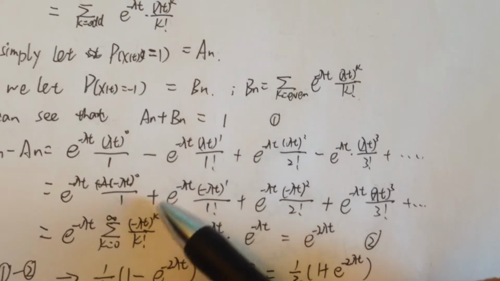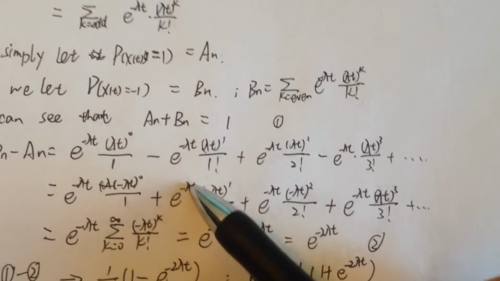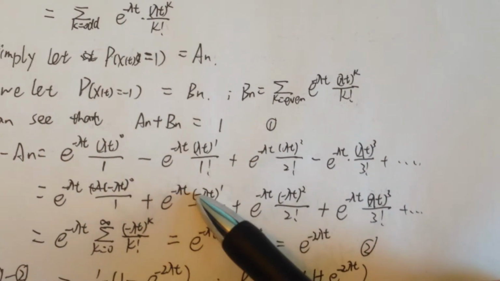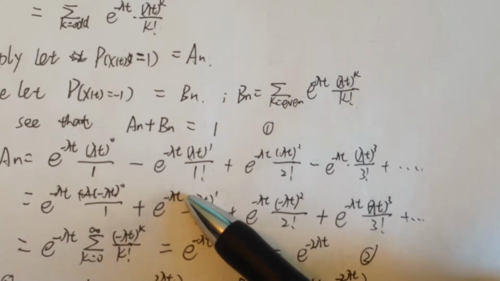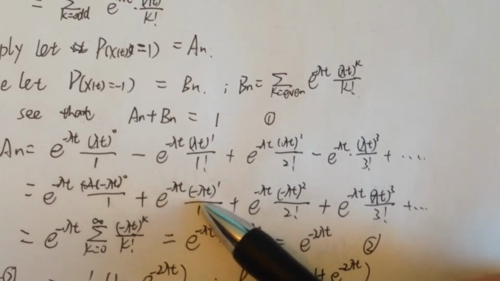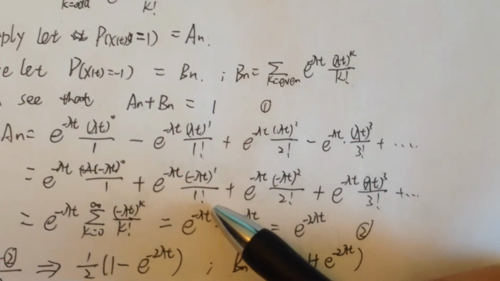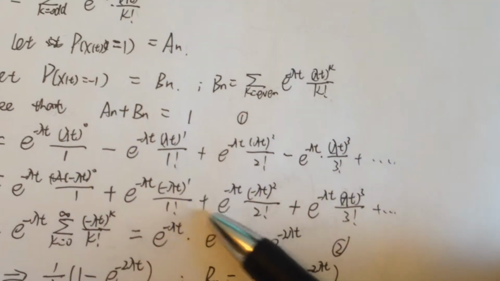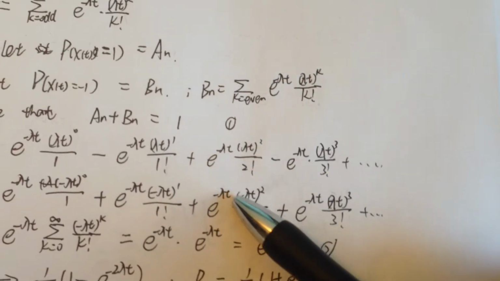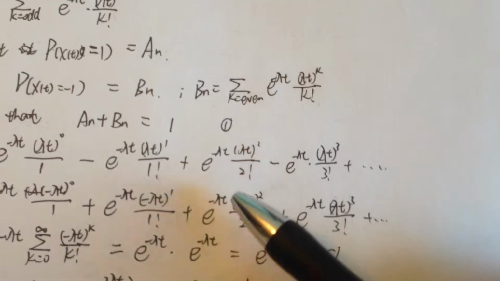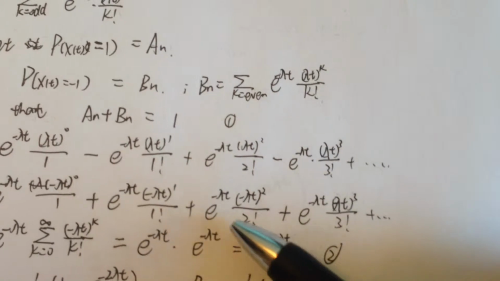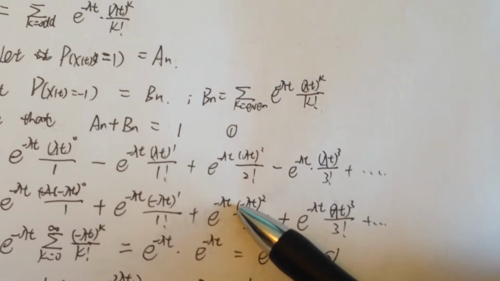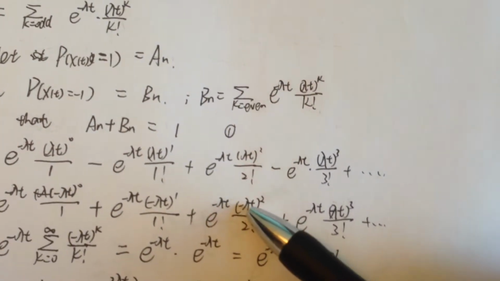Then plus e to the minus lambda t, and we factor in the minus sign. It equals (minus lambda t) to the power 1 over 1 factorial, and the same, plus, since this minus sign does not change the value of this term, so we can just add it in the bracket.